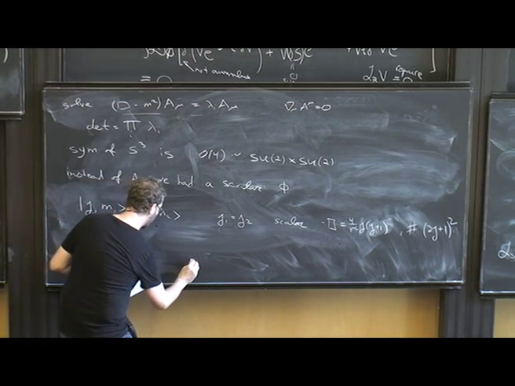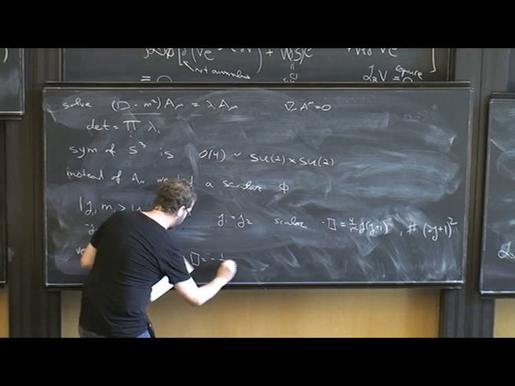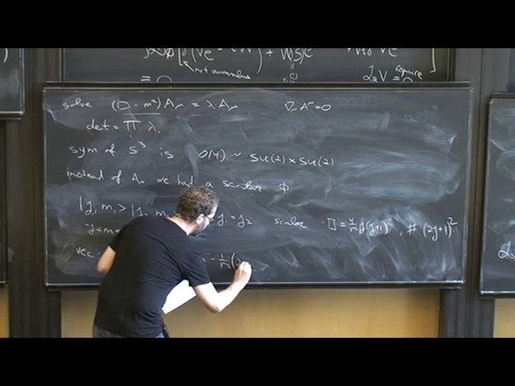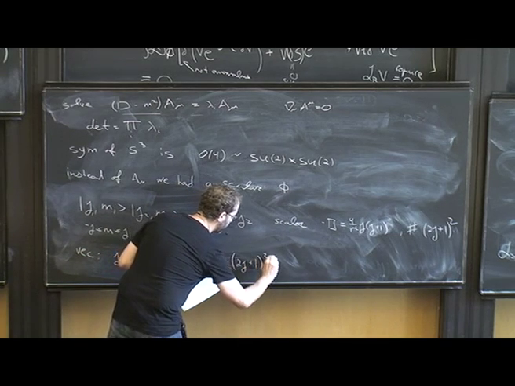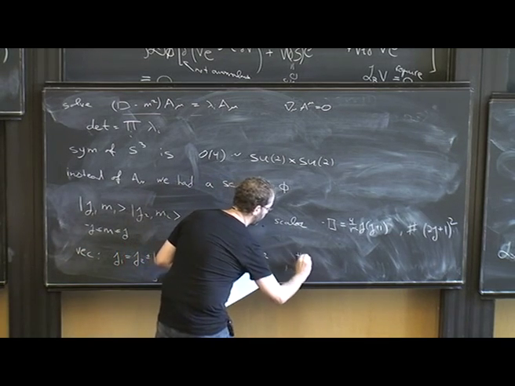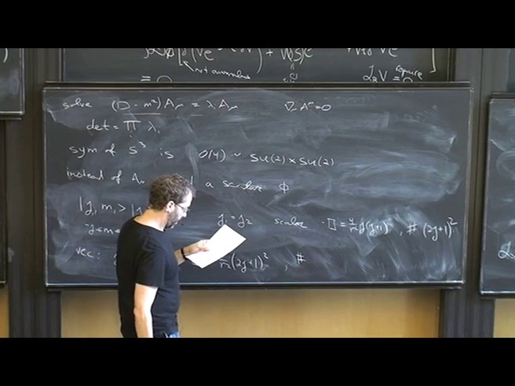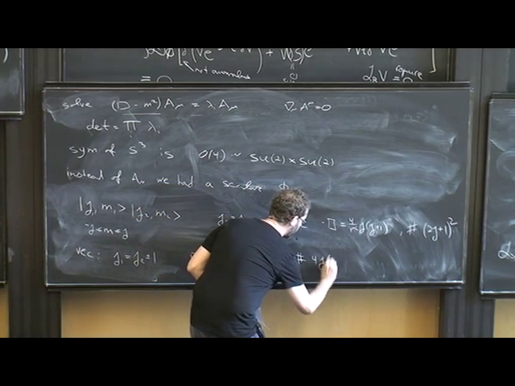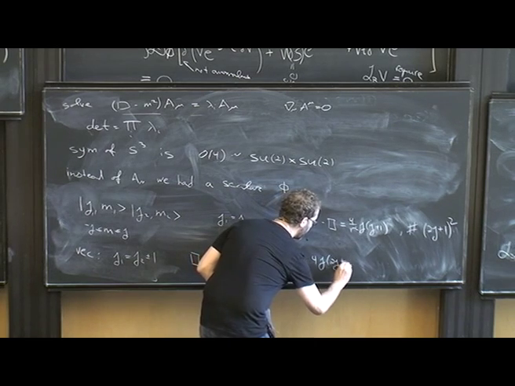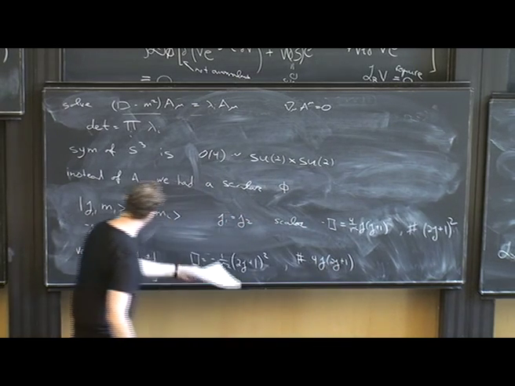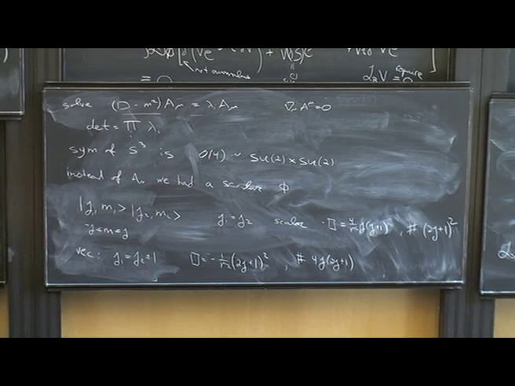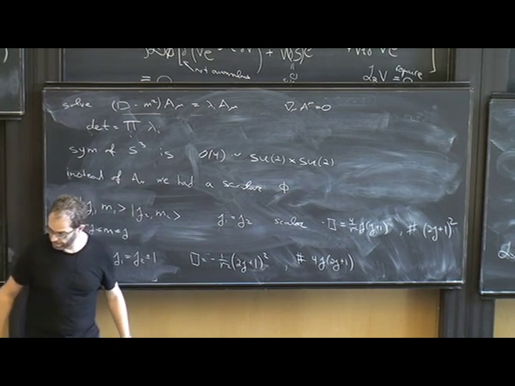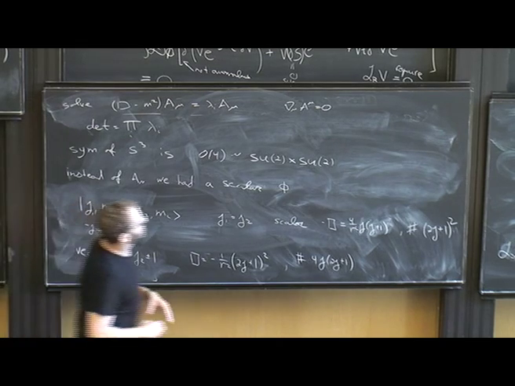In that case, box is equal to minus 1 over r squared times 2j plus 1 squared, and the multiplicity is equal to 4j times 2j plus 1. This you can immediately calculate. From this you need a little bit more group theory to work out.